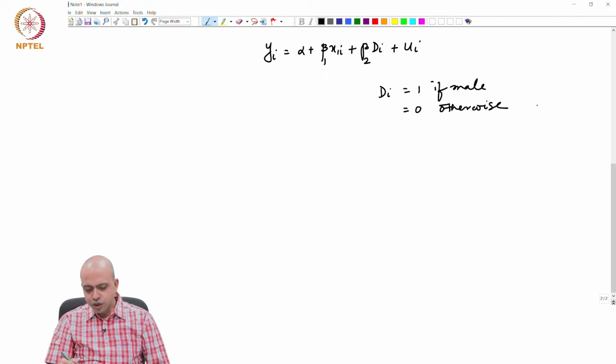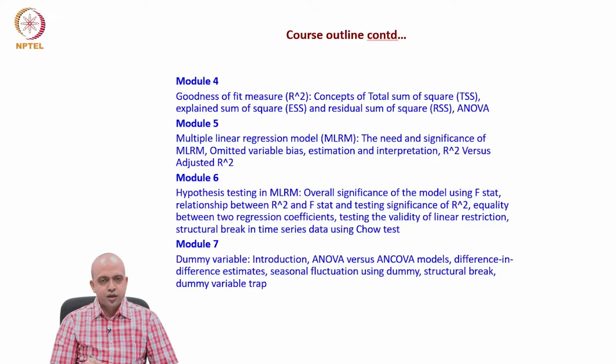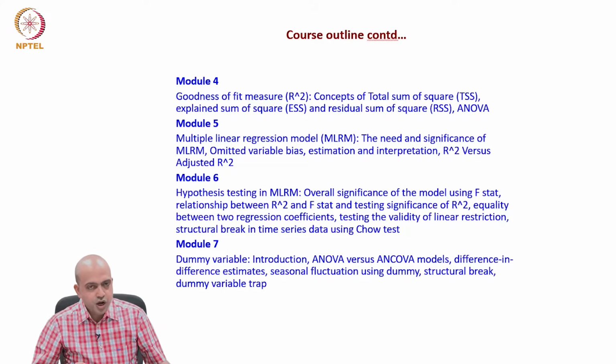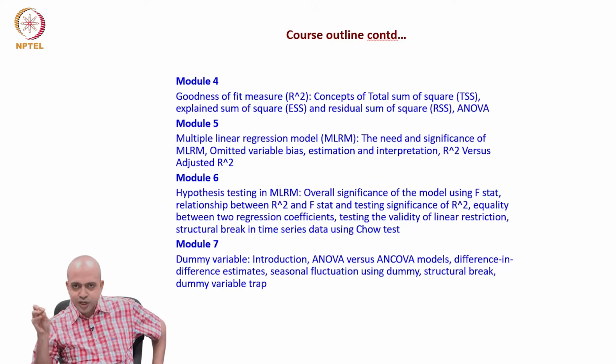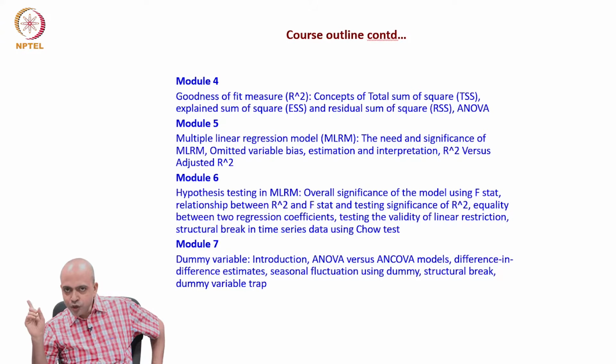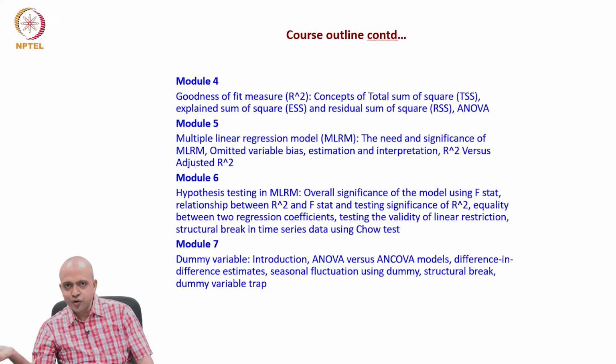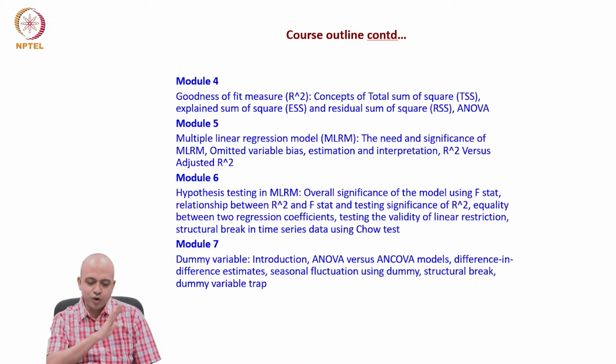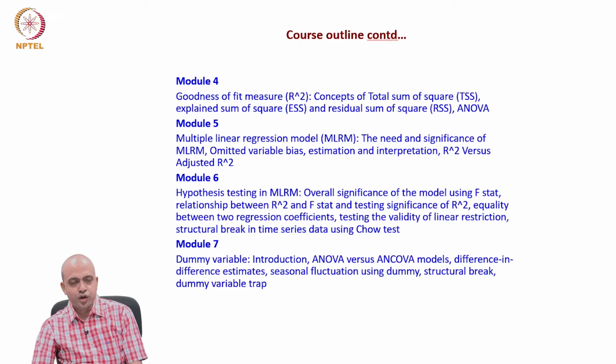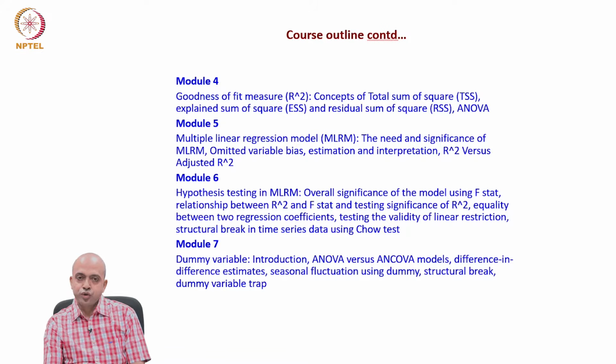So, this is how the dummy variable technique is very important, because many times some of our explanatory variables are qualitative in nature, and the dummy variable converts that qualitative information into quantitative one, and that is what we are going to learn in this module 7, which talks about the dummy variable.